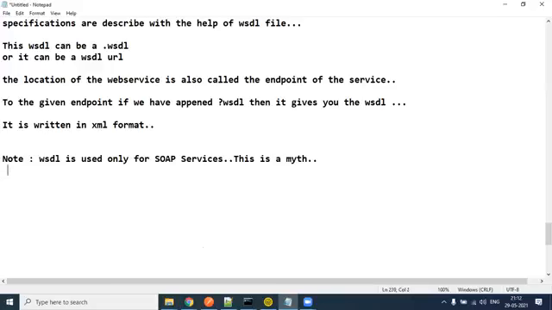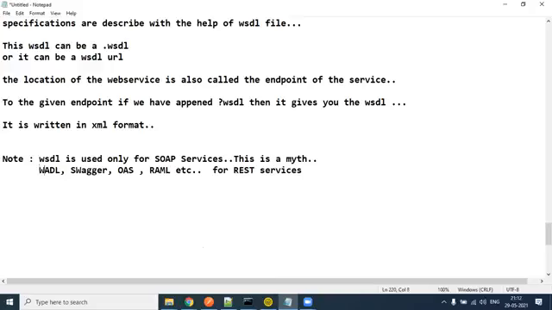And for REST, there are other conventions. For example, there is a way called WADL. There is a way called Swagger, which is now changed to OAS. There is a way called RAML, and there are some other ways also for defining the specifications for REST services. But even WSDL can be used.